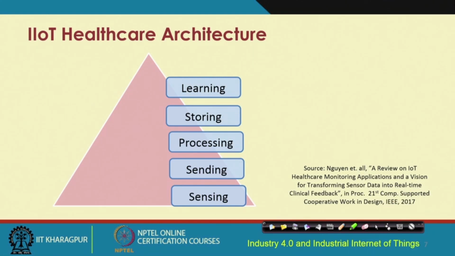So, if we are talking about IIoT healthcare solutions, let us look at this particular architectural viewpoint. This has been taken from this particular source that is given at the bottom of the slide. Whenever we are talking about IIoT healthcare, these are broadly the different layers in the architecture.